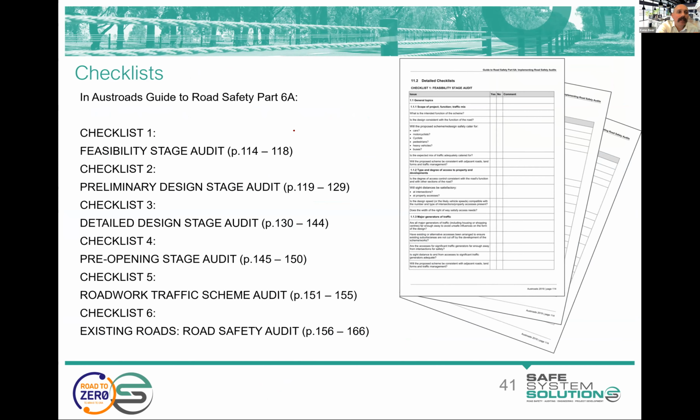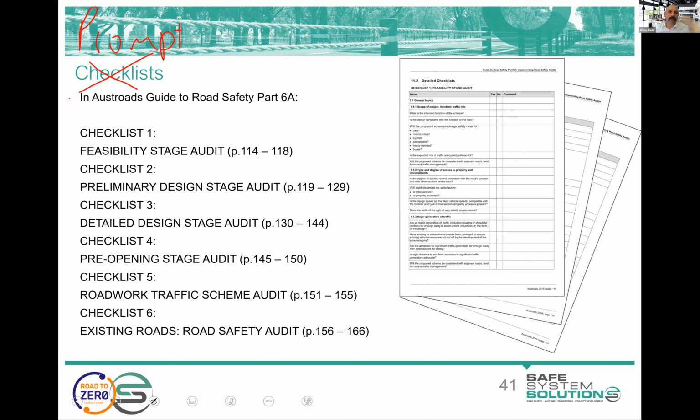Now, the first thing I want to say is that in the new guide, which I just sent up to the Austroads board for approval, fingers crossed, we've renamed checklists to prompt lists. Why have we done that?